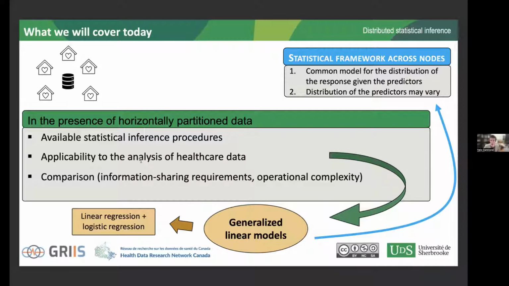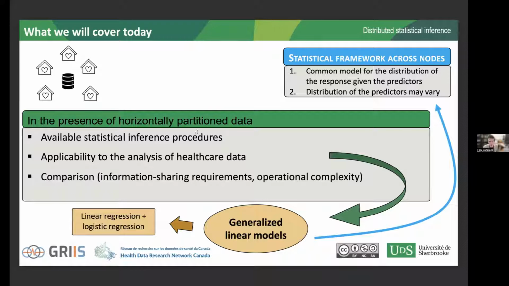But a much more realistic assumption when we're talking about regression would be that there's a common model for the distribution of the response given the predictors, but the distribution of the predictors may vary. That would be to say that you assume that the link between mortality and other factors is the same across nodes, but the distribution of those factors, for example age, may differ between sites, between nodes.